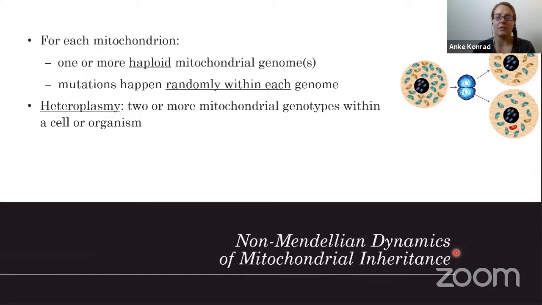But what this comes down to in the end is that if you have a cell with many mitochondria, you essentially have a population of mitochondrial genomes rather than one single genome, which might be the case for the nuclear genome. So heteroplasmy itself, meaning that you may have more than one mitochondrial genotype within a cell or organism, is an issue here.